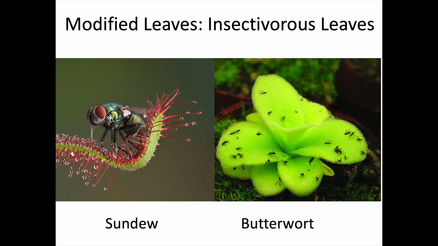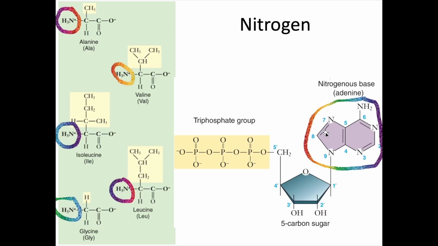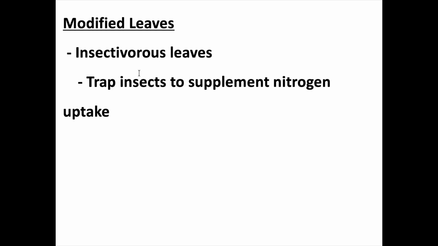Meat, or protein technically, has lots of nitrogen. So by capturing these insects and digesting them, you can get lots of nitrogen to supplement what the soil doesn't really have for you. So these insectivorous leaves trap insects specifically to supplement nitrogen uptake.